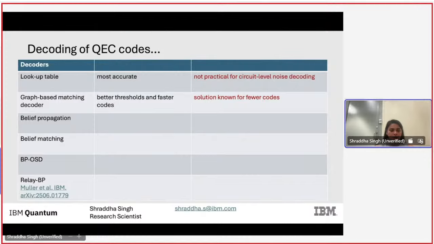Then you have something called belief propagation, which works really well with classical error correction, but not quite with quantum error correction. These are basically iterative message passing decoders using machine learning. So the folks who are interested in machine learning should look into this kind of decoder. For a while, machine learning did not help a lot in terms of decoding, essentially because quantum error correction codes have degeneracy.